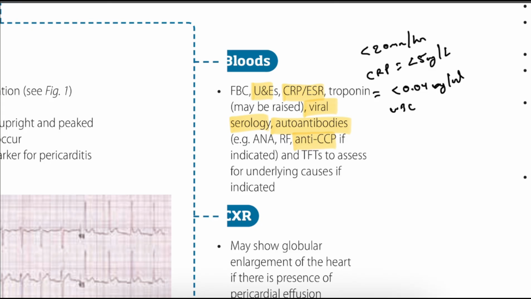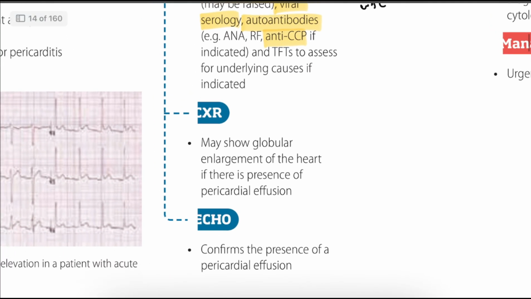Next, we can see the chest X-ray. The chest X-ray is usually normal. If the patient has a large effusion, we can see a water bottle heart, which shows globular enlargement of the heart.